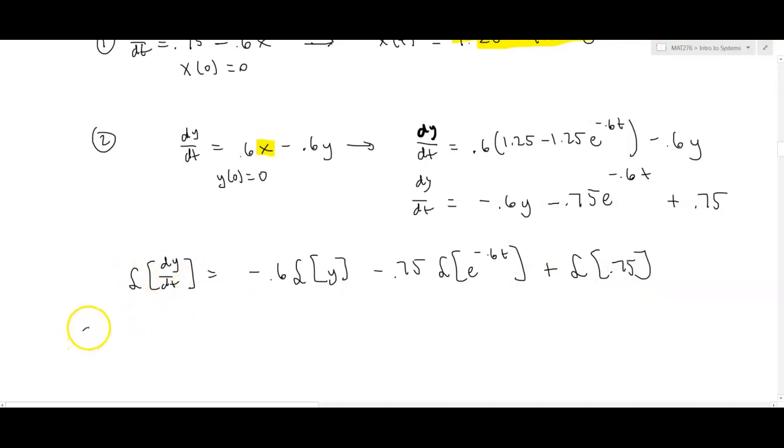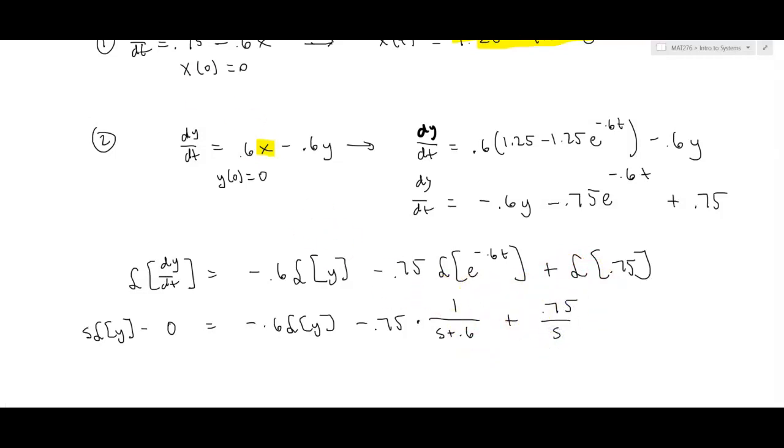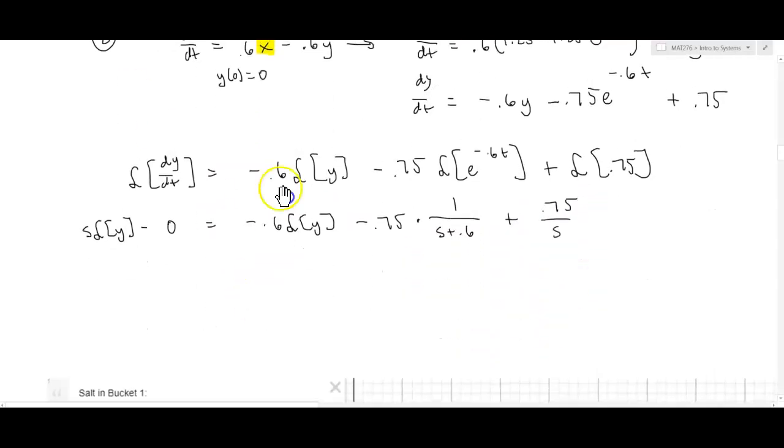And so this will give me s Laplace of y minus my initial condition. My initial condition is 0. And here I'll have negative 0.6 Laplace of y minus 0.75 times 1 over s plus 0.6, and then plus 0.75 over s.